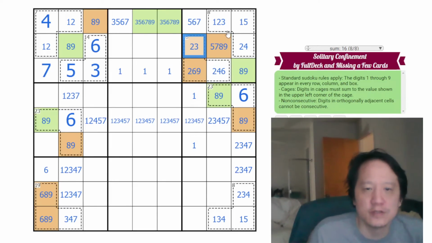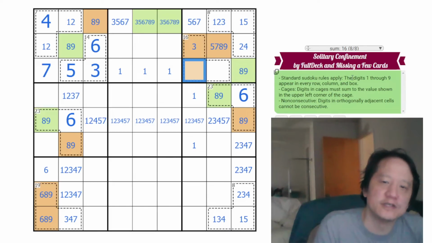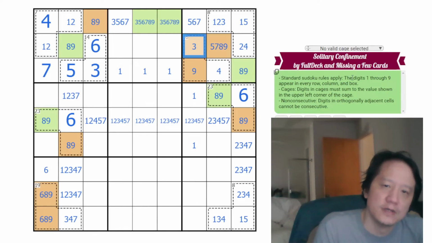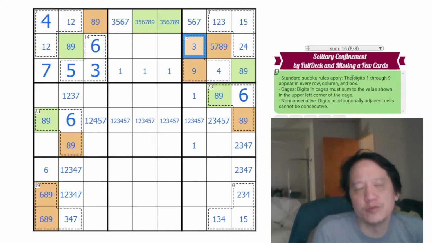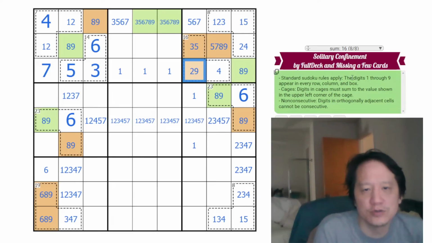Okay, hold up. Let's look at the possibilities. Okay, so again, if it's 3, this has to be 9, and this is 4, right? If this is 2, it could be 2, 5, and 9. So the 5 would have to be here. So this would be 2, 5, 9.